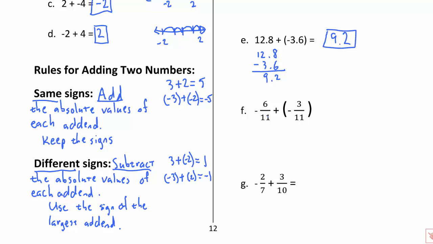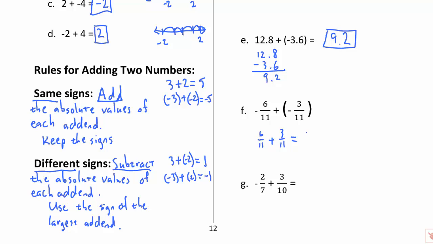F. Negative 6/11 plus negative 3/11. Notice that they're both negative. What that means is that we're going to add these two together. So we're going to add 6/11 plus 3/11, because this is just the absolute value of negative 6/11, and this is the absolute value of negative 3/11. Because these have the same denominator, we don't have to do anything other than add the numerators.